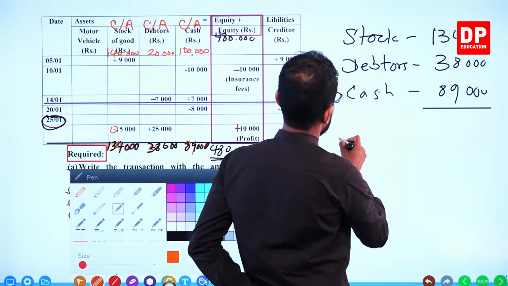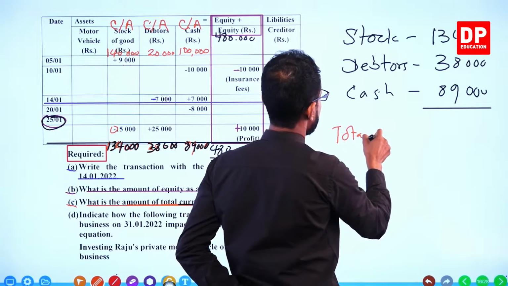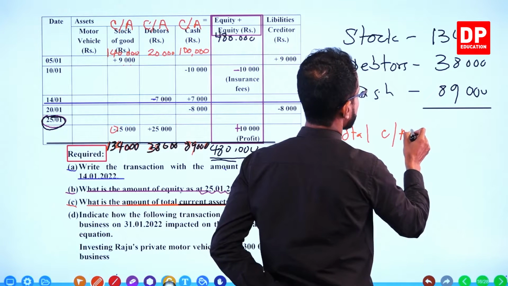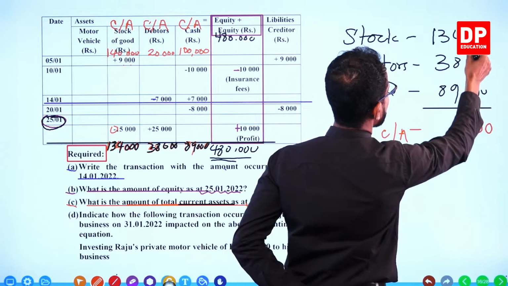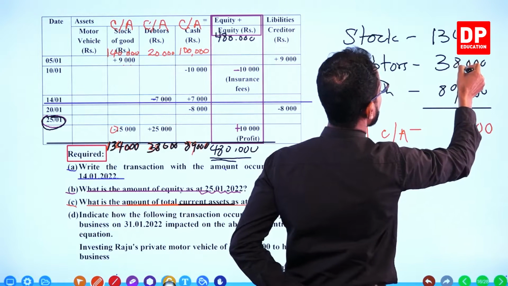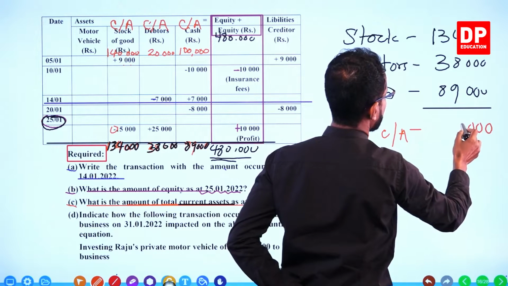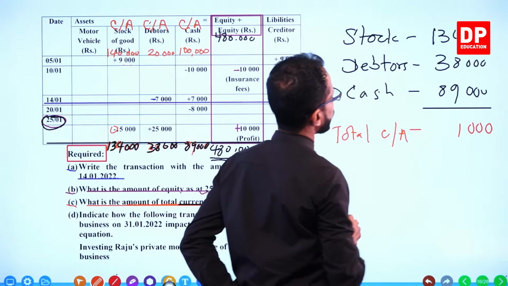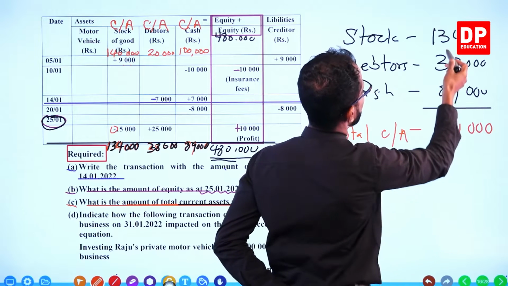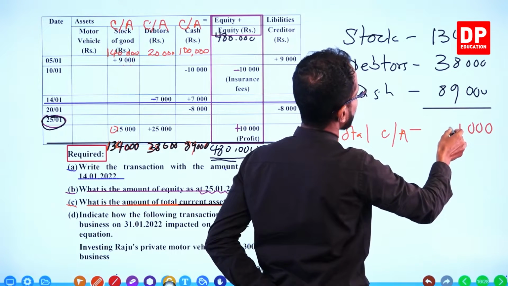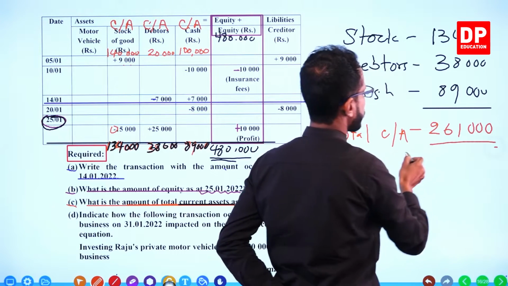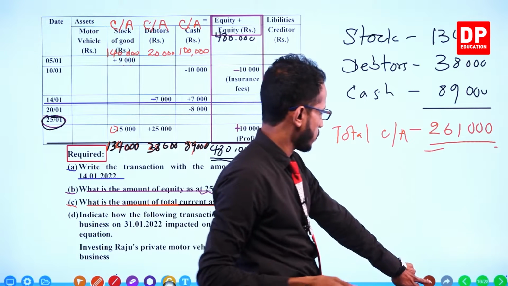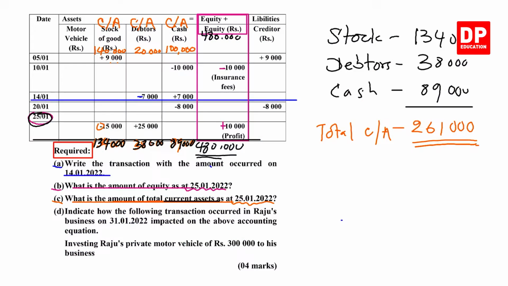Total current assets. $261,000 is the answer, right? Is the total current assets.